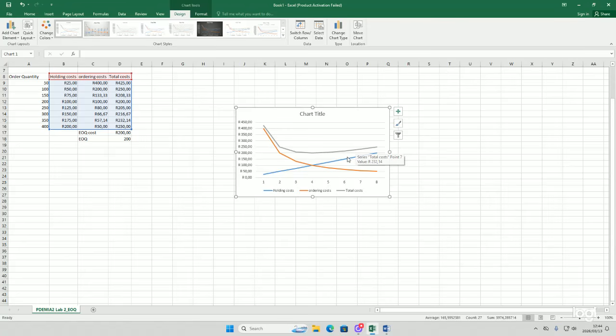Okay, we look for the intersection of ordering and holding cost. The intersection of ordering and holding cost. So that intersection is somewhere here. It's somewhere here. Let's check. Am I missing something here? Okay. Oh, this is ordering.